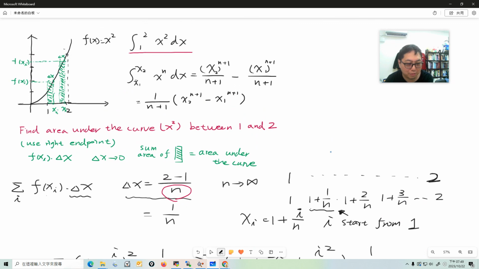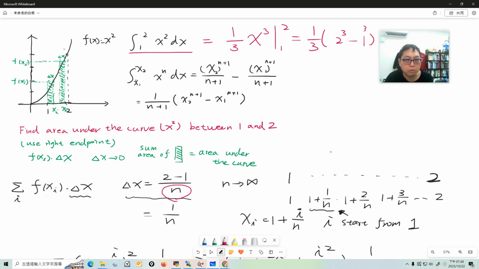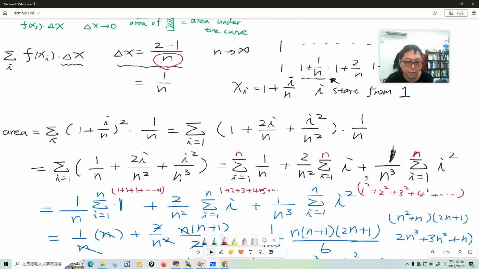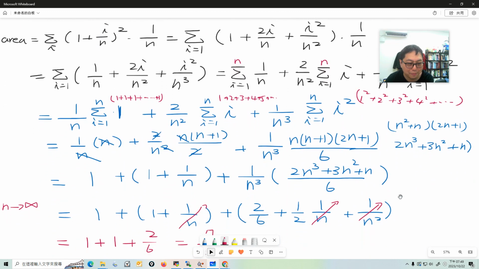Checking the answer, this will become 1 over 3 x cubed from 1 to 2, so that would be 2 to the power 3 minus 1 to the power 3. So it's 7 over 3. Using the integration rule, you will get the answer easily, and it is the same as using the original idea of integration. It should be the same.